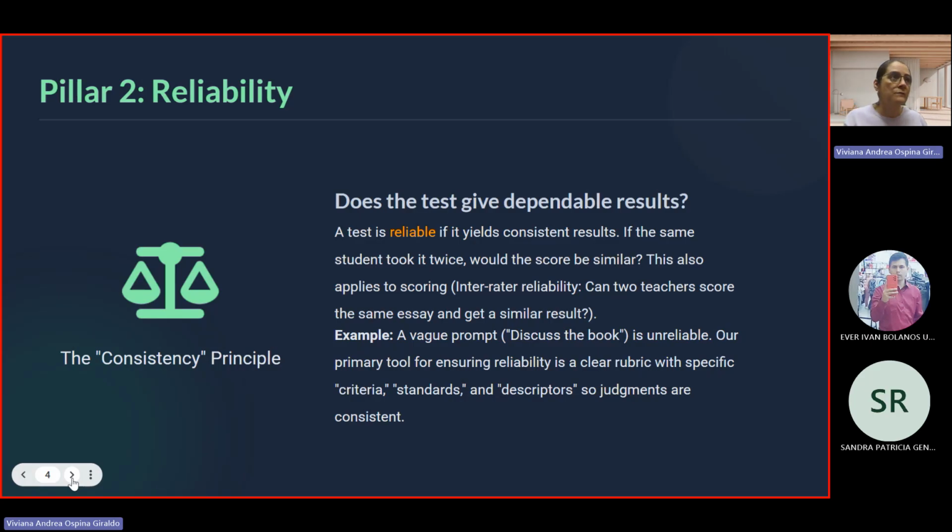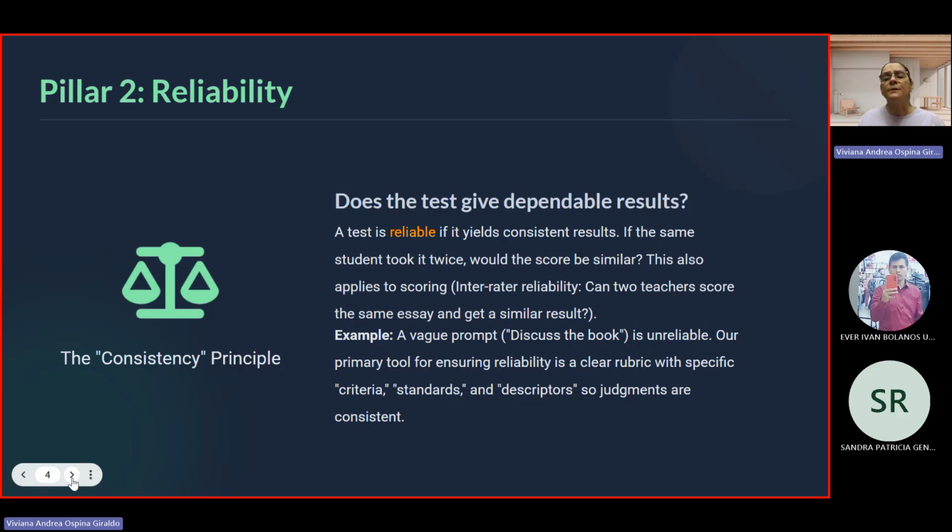If we have, for example, the IELTS test, or the Saber Pro, or the ICFES, one of those standardized tests, and a student takes it twice, he should be able to get around the same score.